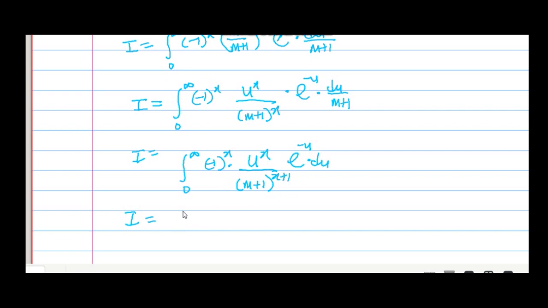And you can bring it outside. Let's bring this minus 1 raised to the power of x outside and divide it by n plus 1 all raised to the power of x plus 1, integral from 0 to infinity of u raised to the power of x, then you are left with exponential minus u du.